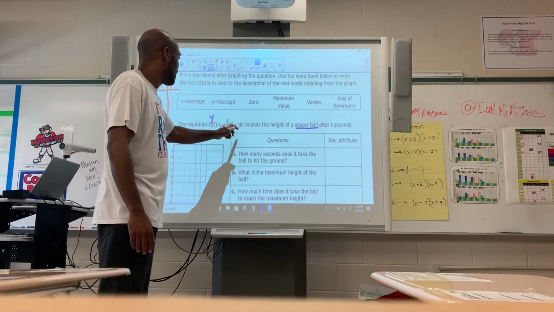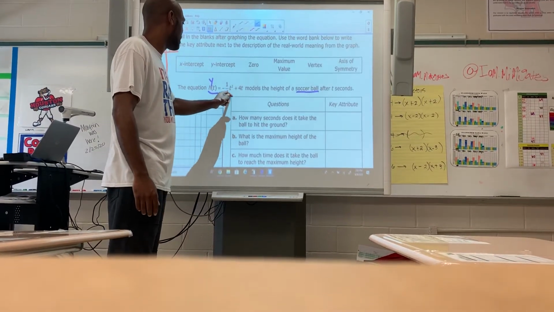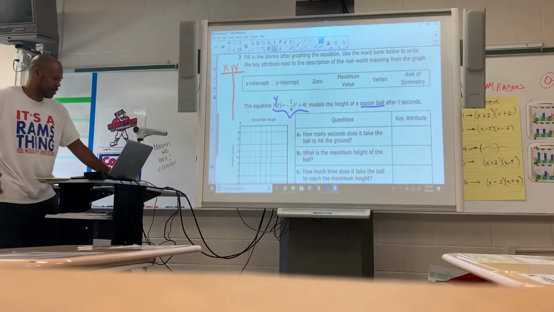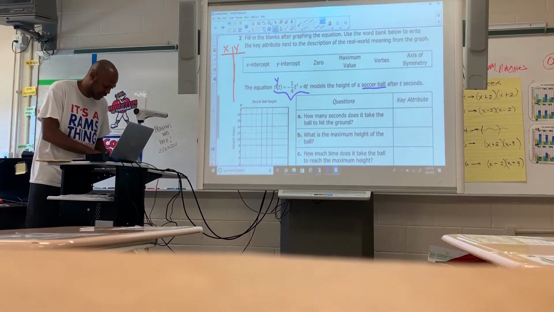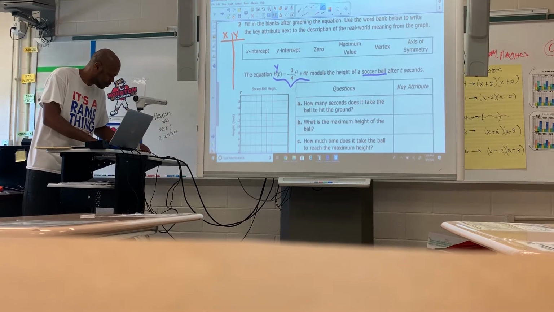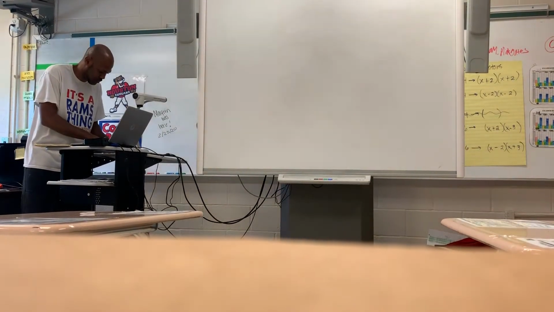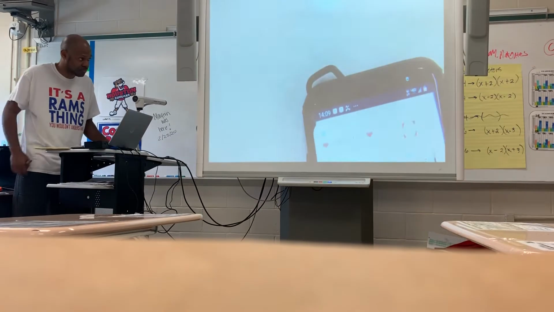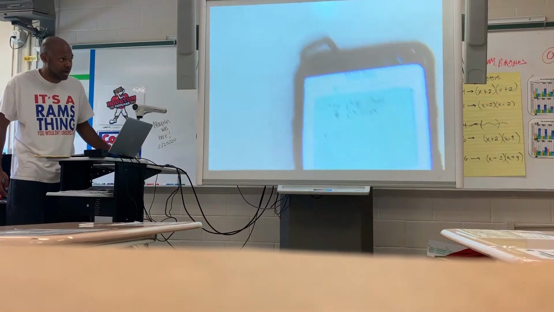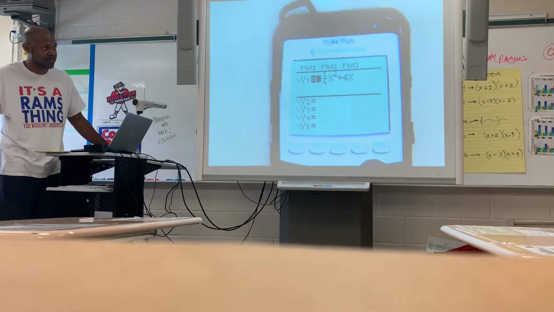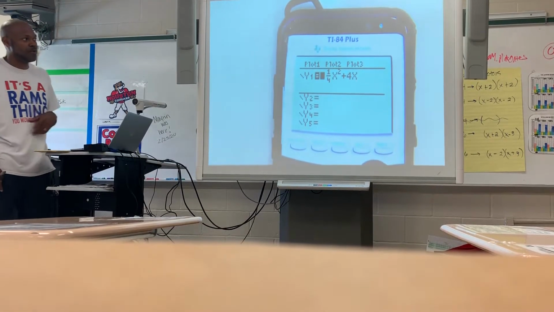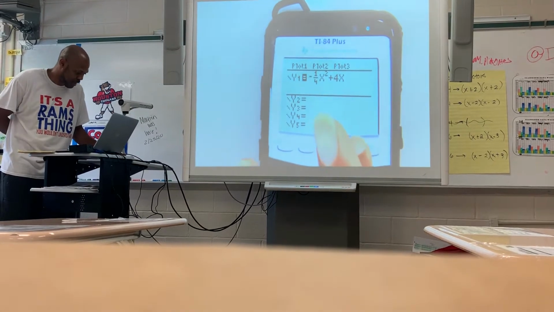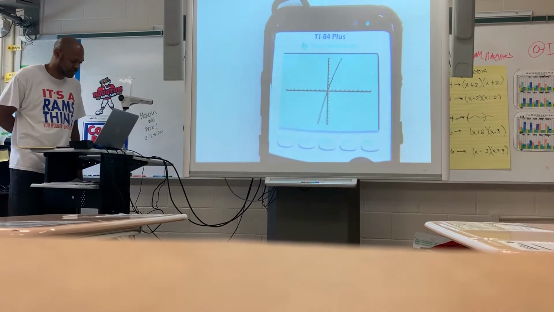Once again, if I graph the equation in the calculator, all right, we have negative 1/4 x squared plus 4x. Now, if I press graph, let's watch and see what happens.